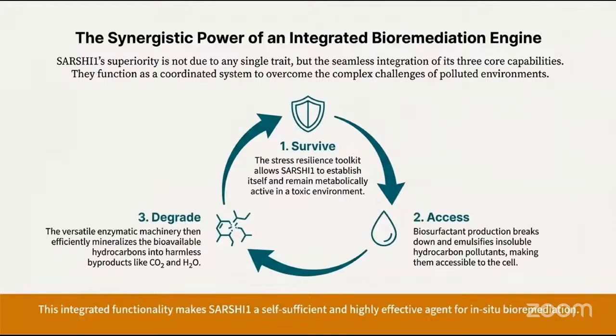So it has the complete set of things required to survive in the environment where it is present and which is toxic. It is not going to die. It has a machinery, a mechanism to survive in a toxic environment. Once it is surviving and multiplying, it is also able to access the hydrocarbons in the environment to degrade them.